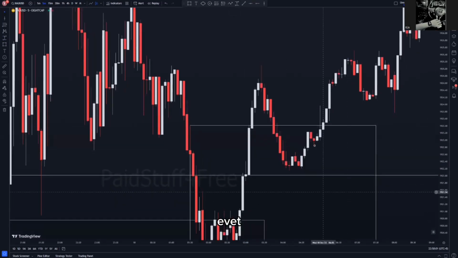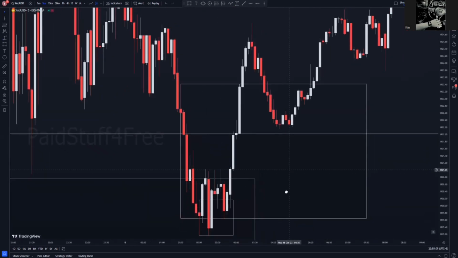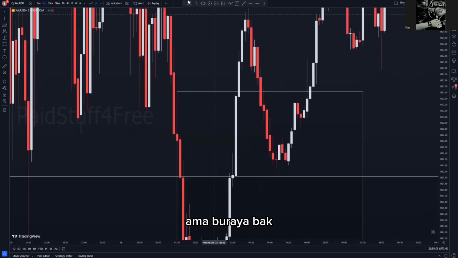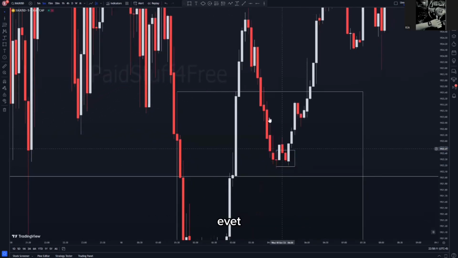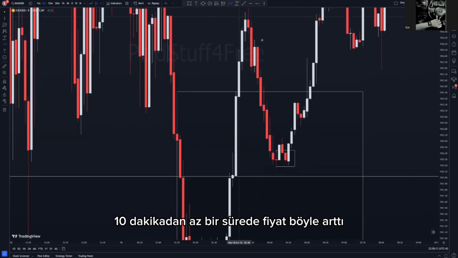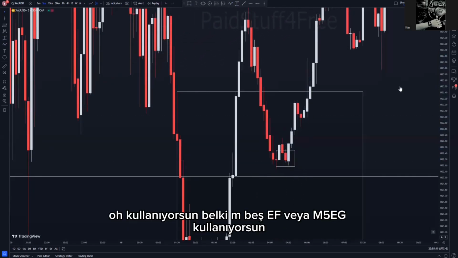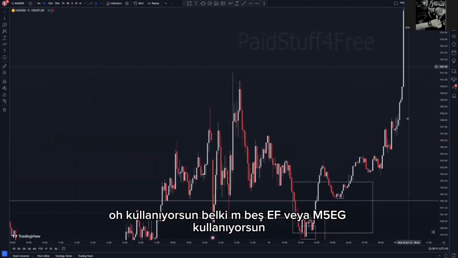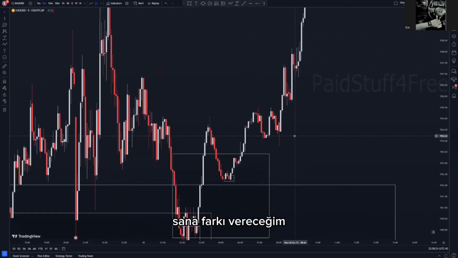And right over here you can see the price was floating, but look at over here, it created an EG, and then in less than 10 minutes the price went up, just like that. So there is no big difference whether you're using M5 EF or M5 EG, it's just going to give you a slight difference.